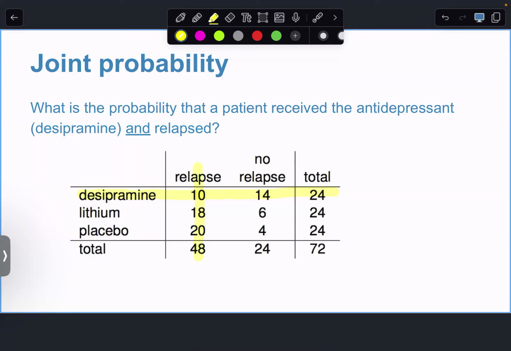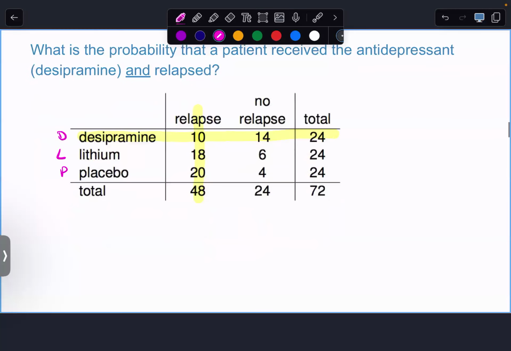Let's call this, just for shorthand, D, L, and P. And for shorthand, yes and no belong to the response for the relapse. So what we want to find is the probability of D and yes.